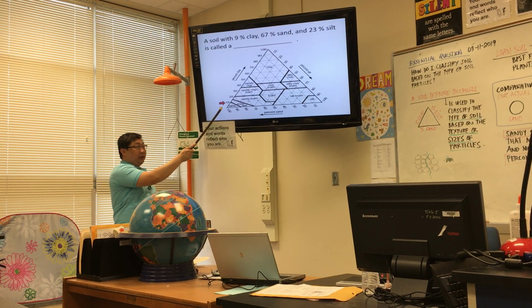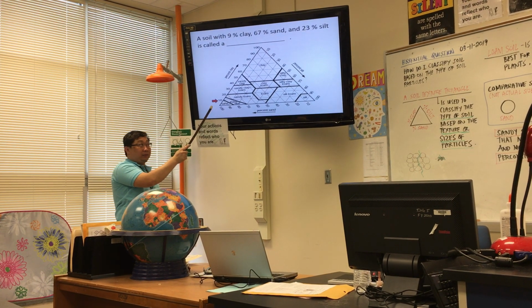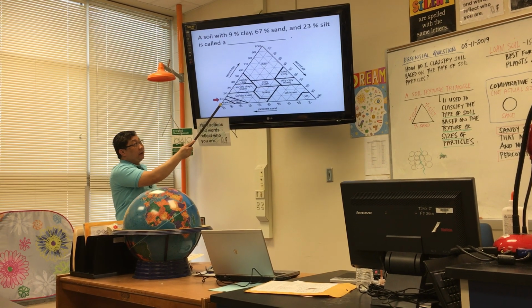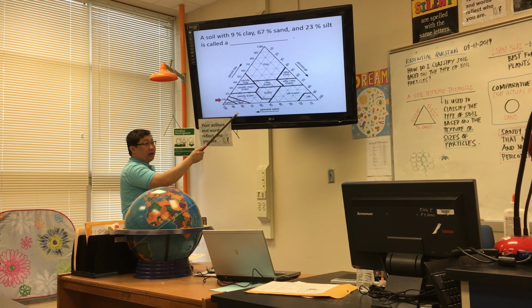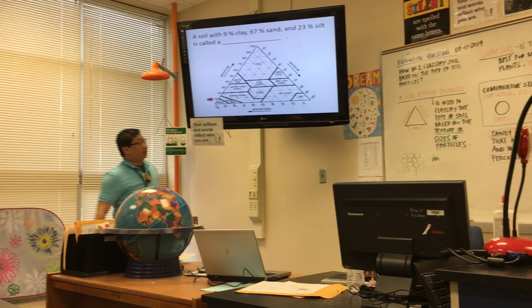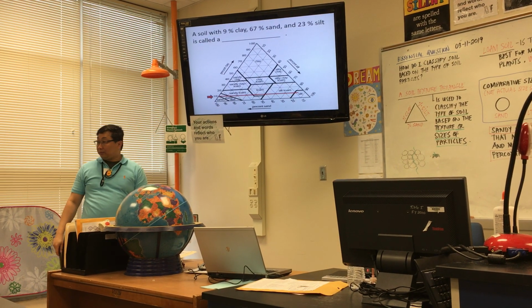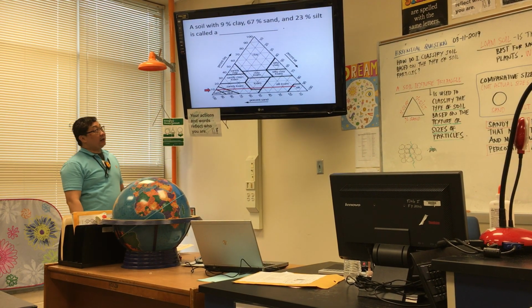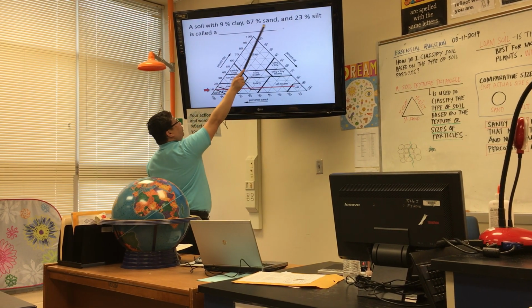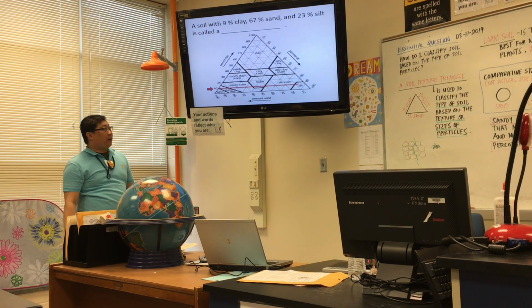Now, it says 9%. So it's below 10. This is clay. So we can either go diagonally down or we can go straight. That's it. So I drew the line straight. The next one is 67% sand. Sand is at the bottom.